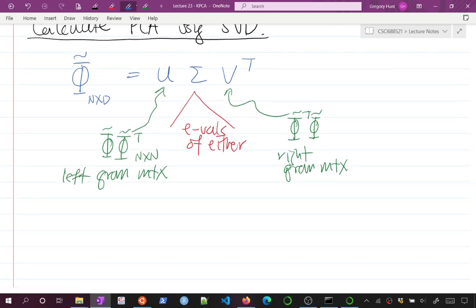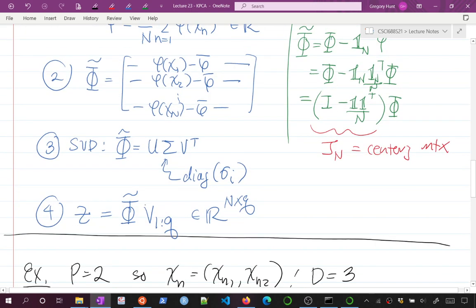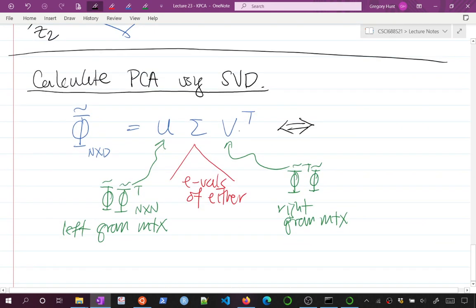the SVD of this thing is a centrally important object of study. When I want to get my principal components, eventually I calculate phi tilde times V. If phi tilde is U sigma V transpose, then phi tilde times V is going to be U sigma.